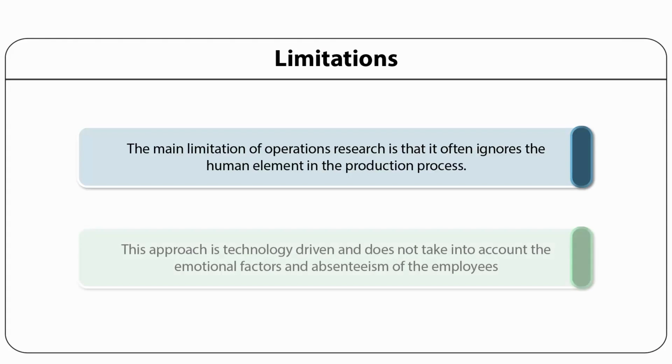Besides this, this approach is technology driven and does not take into account the emotional factors and absenteeism of the employees. So there is a wide gap between the managers and the operations researchers.